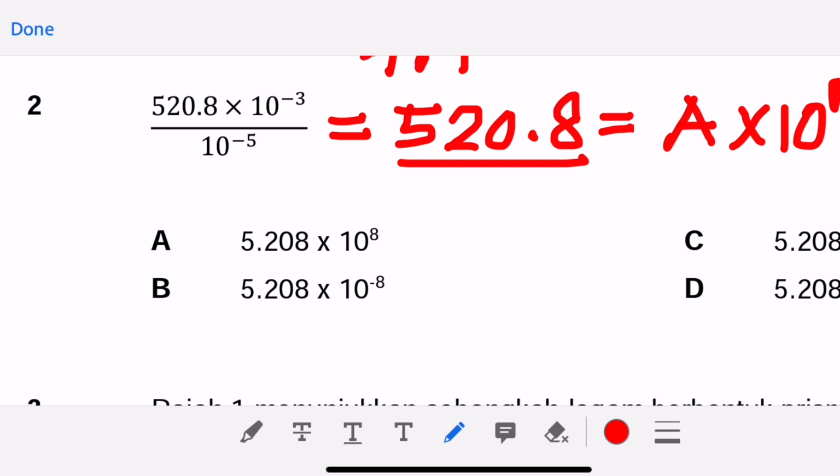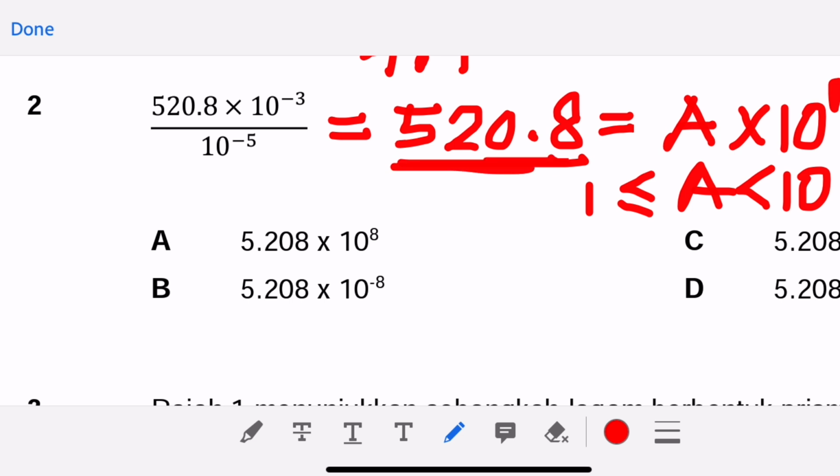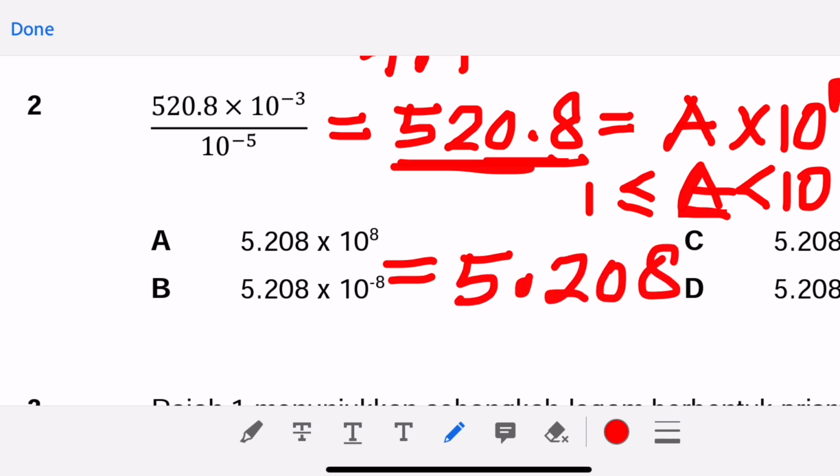The A here must be more than or equal to 1, and less than 10. So you must write this number as a number which is more than 1. We can write 5.208, which is within the range, less than 10.